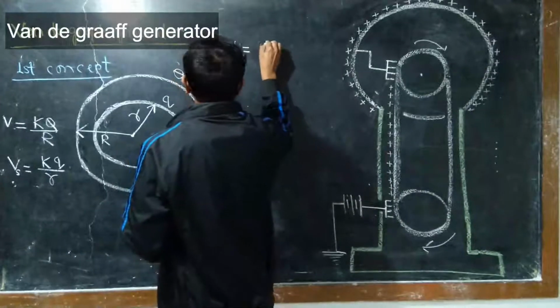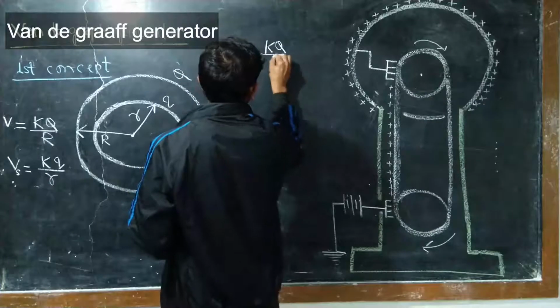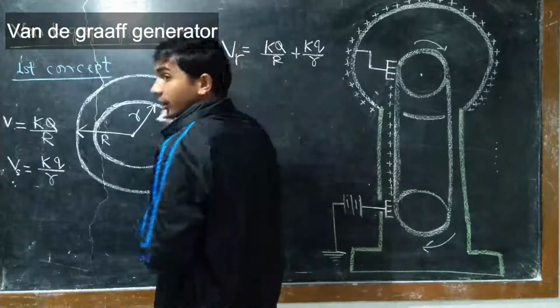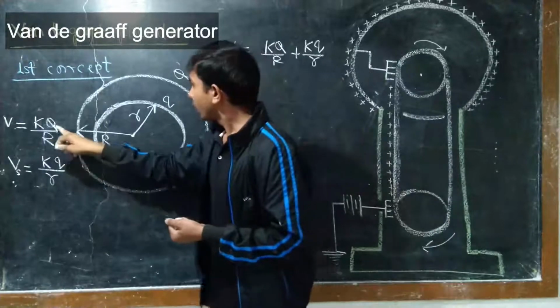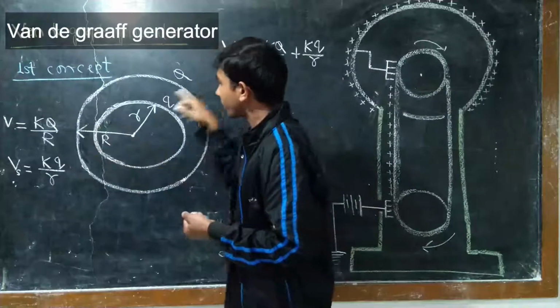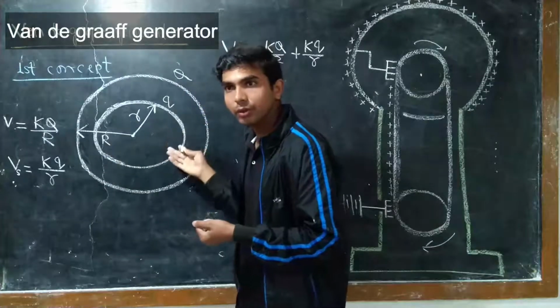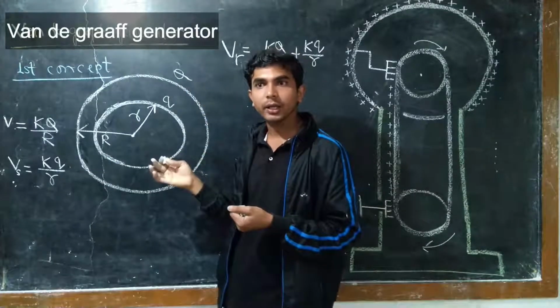So we can write kQ by R plus kq by r, right? Because this much is due to the bigger one and this one due to the smaller one. The smaller one also has charge, that will create potential, yes or no?